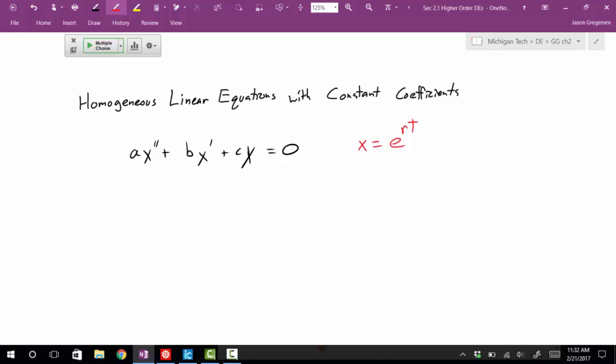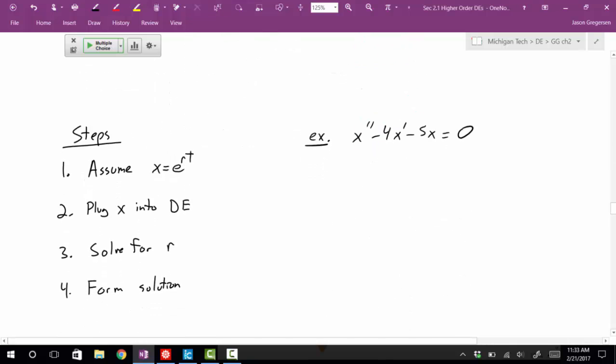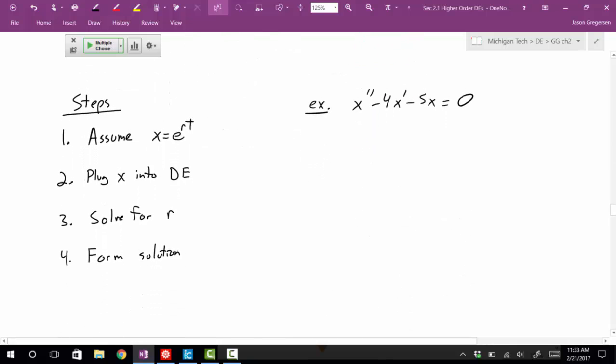All right, here's the process then. I want to solve this differential equation. I'm going to assume that my solution looks like that. And if that's the solution, I should be able to plug it into my differential equation and get a true statement. So that's exactly what I do.